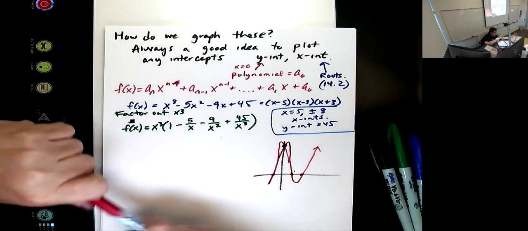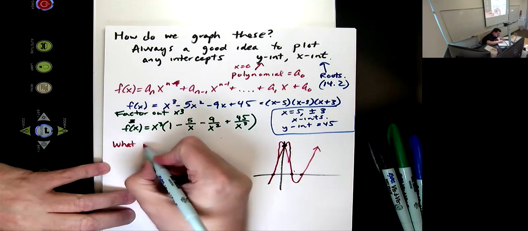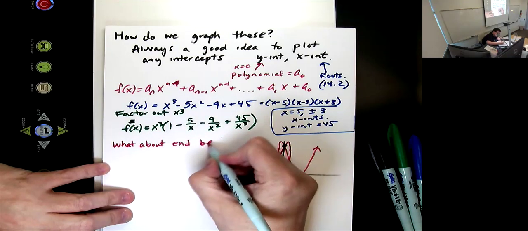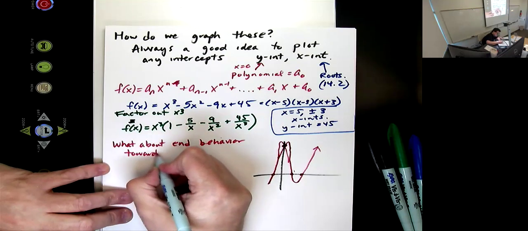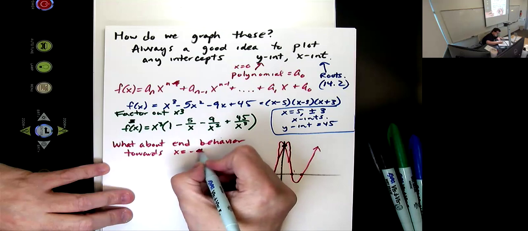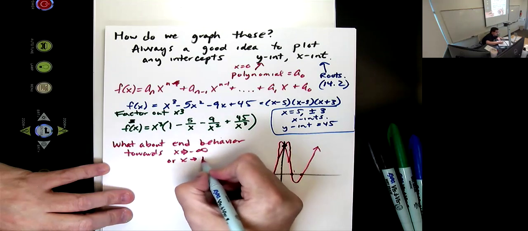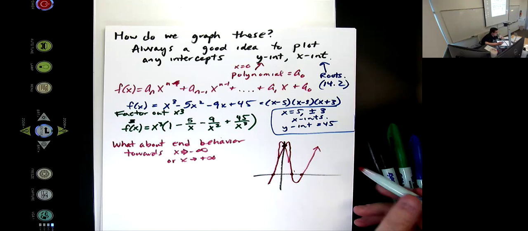So figuring out what end behavior is, it's called end behavior, as x goes towards negative infinity or x goes towards positive infinity. That's what I mean by end behavior. At the ends of the graph, what are we looking at?